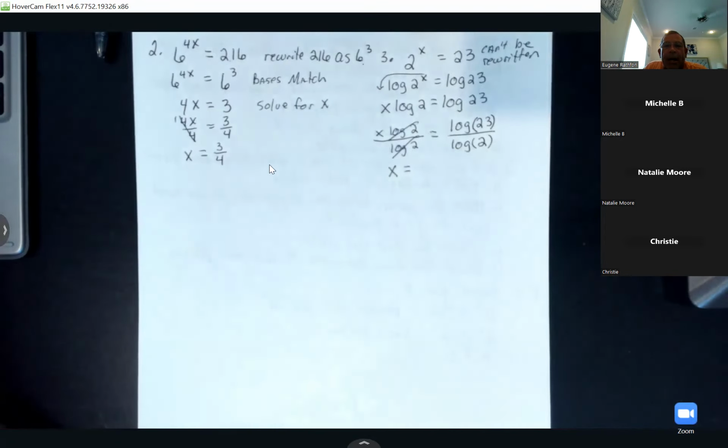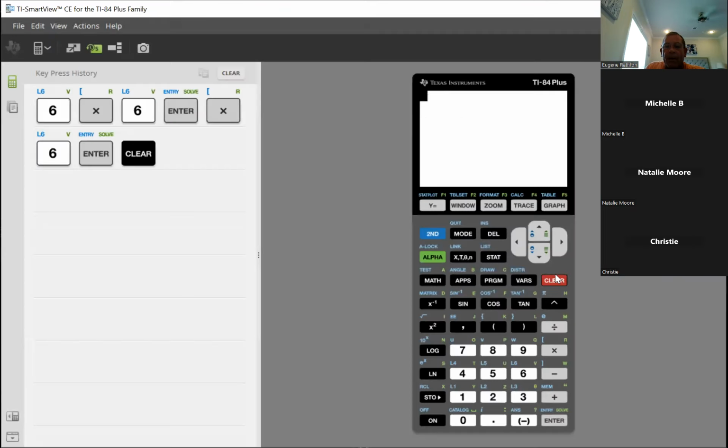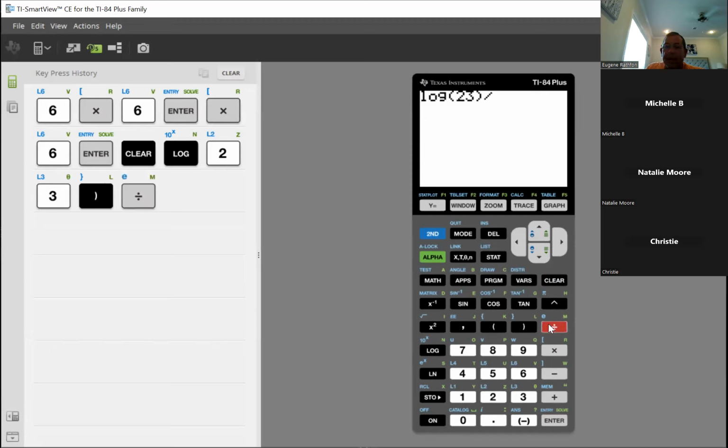So let me share that calculator and show you what I'm talking about. So notice if I hit log, it gives me the first parentheses. I'm going to put in my 23. And then I'm going to close those parentheses. And then I'm going to hit my divide. And then I'm going to hit log. And I'm going to put in the 2.